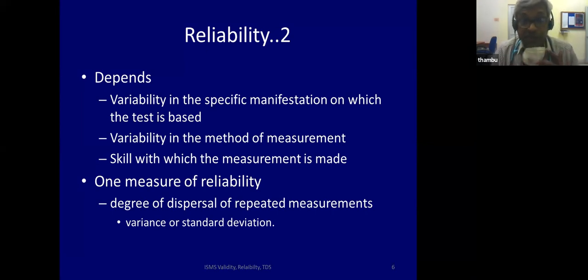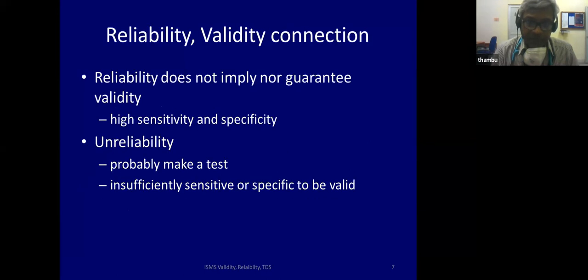The skill of the person doing it also affects the reliability. So one measure of reliability is the degree of dispersal of repeated measurements. As statisticians, you're all familiar with variance or standard deviation.